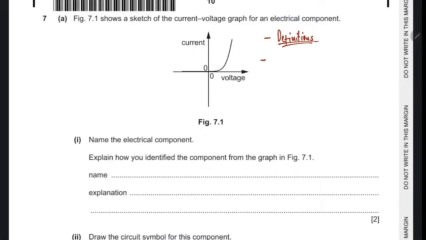Then you must know graphs. 3 graphs. We call them IV graphs, where current is here and voltage is here. You should know 3 IV graphs. The first IV graph you must know is for an ohmic conductor.